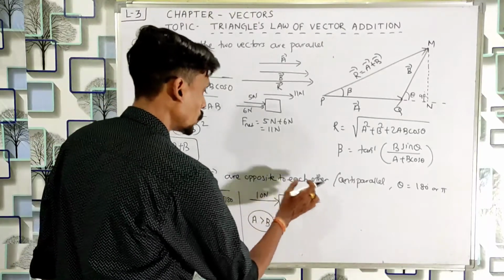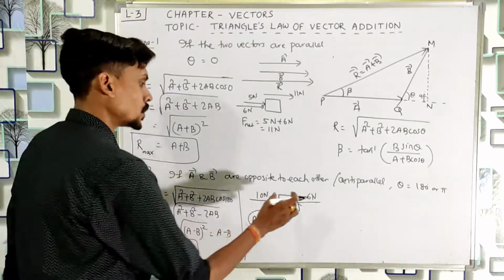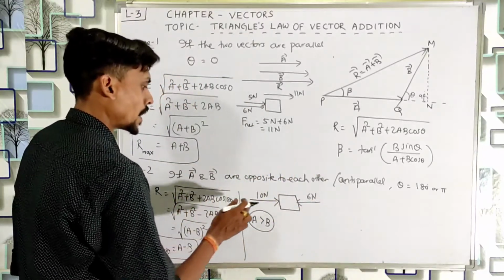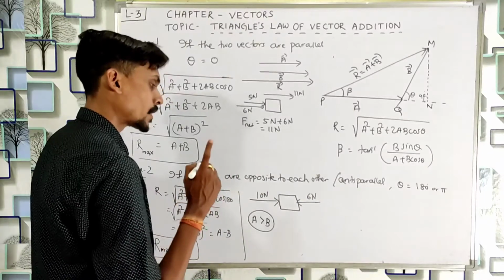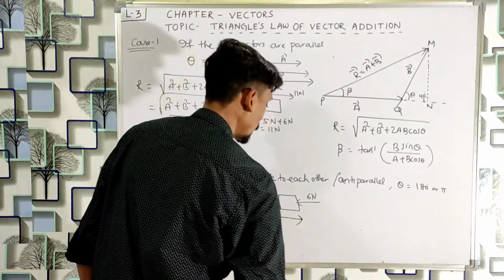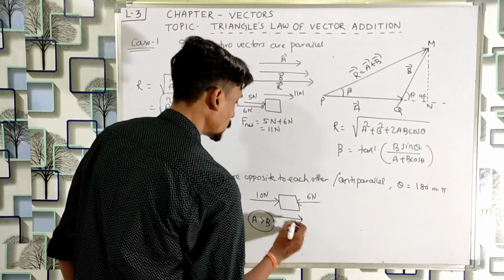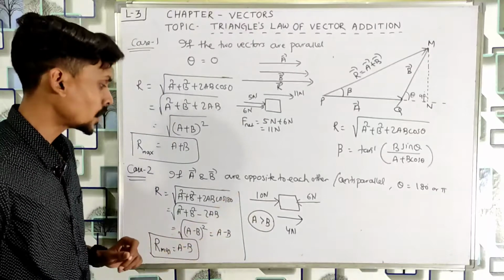So out of these two forces, 10 Newton is the larger force, 6 Newton is the smaller force. And if they are opposite to each other, the resultant force will have magnitude 4 Newton and it will be directed along the larger force. Since the larger force is towards right, the resultant will also be towards right. Is that clear?